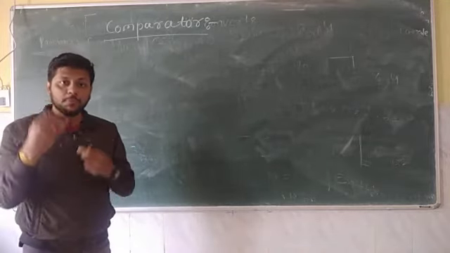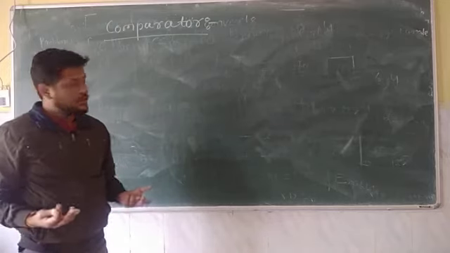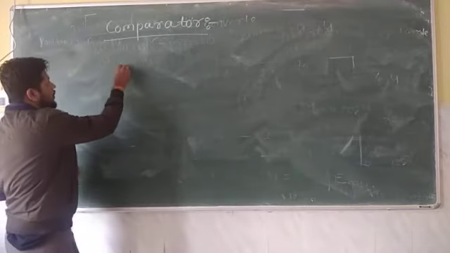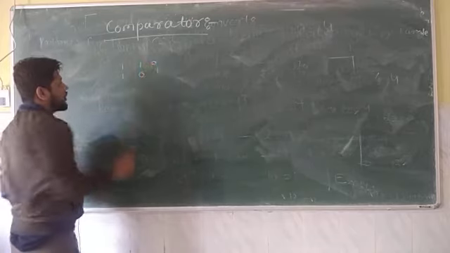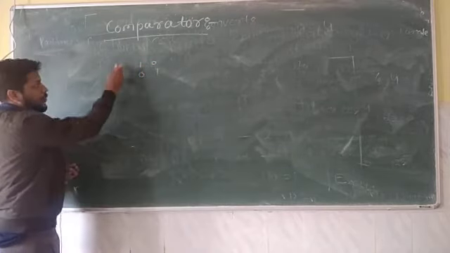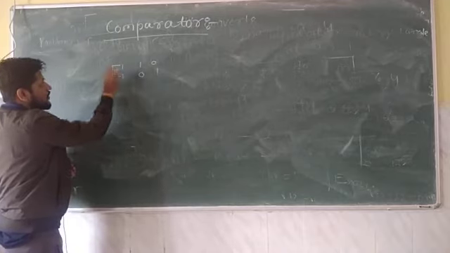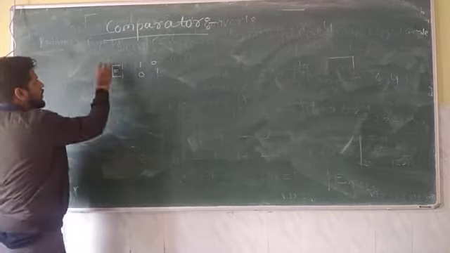That is, we are going to compare two bits or many bits by using this circuit. For example, suppose I have 1 1, 1 0 and 0 1. If I compare this bit with this bit, these two bits are equal, that is, here also 1, here also 1.